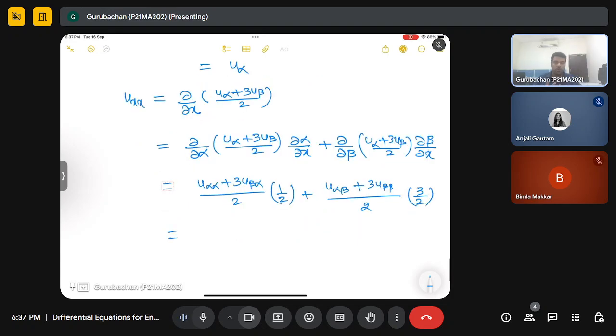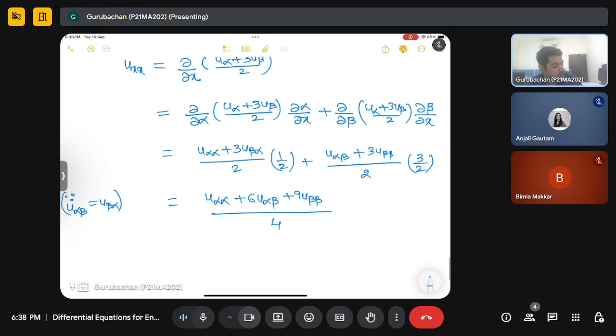Since u has continuous partial derivatives with respect to x, y, alpha, beta, u alpha beta is nothing but u beta alpha. We are aware of this, so we can easily add them. So this will be u alpha alpha, from here 3 times u alpha beta, and from here again 3 times u alpha beta, so 6 times u alpha beta, and from here 9 times u beta beta divided by 4. So you got the value of uxx.